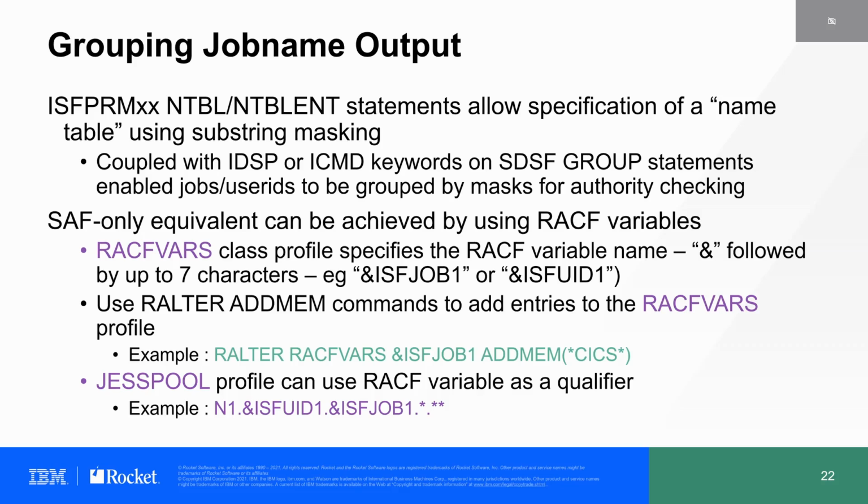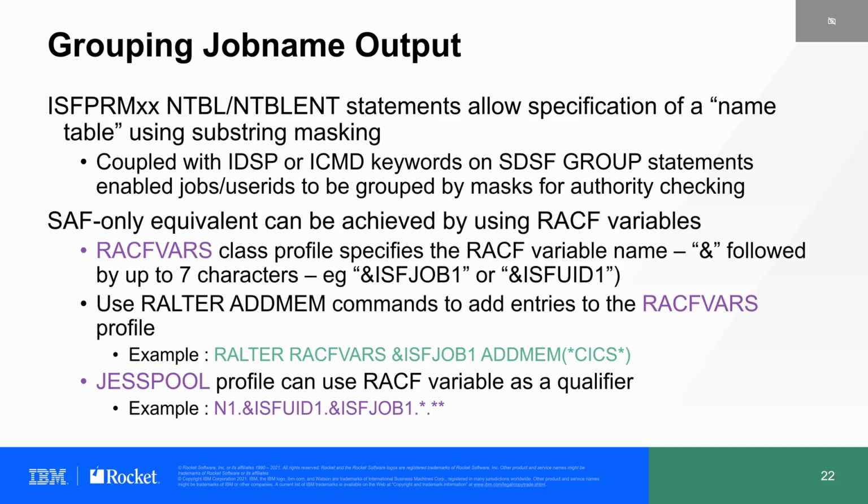And so what actually happens is that when that JESSPOOL profile is RACLISTed, inside the RACLIST cache, it will go through and construct extensions, look-asides, to that profile. So it can do variable replacement during the authority check.